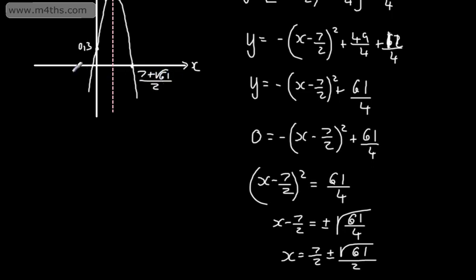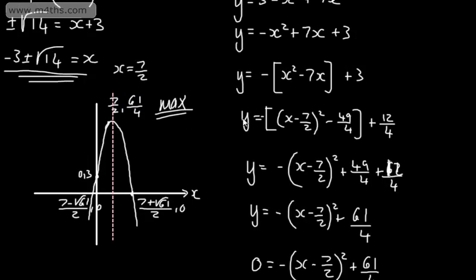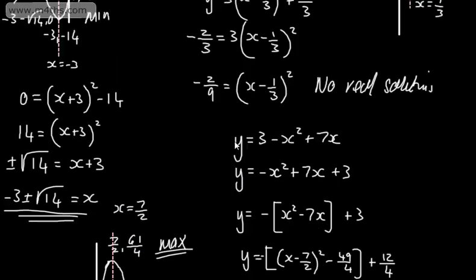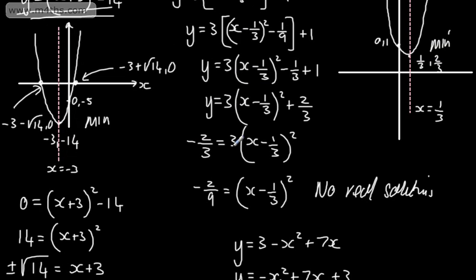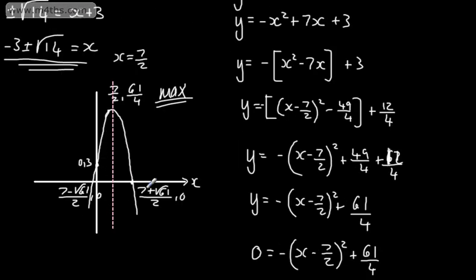And this is going to be 7 minus the root 61 over 2. And both those, of course, are at 0. So we've gone ahead and drawn those up. So nice, as I say, this is fairly decent level stuff at this stage when we're expected to graph and find points of intersection and draw a sketch.